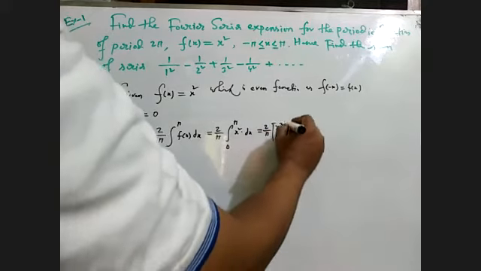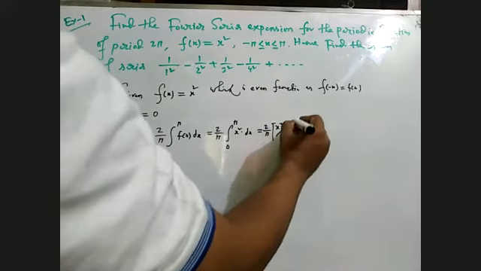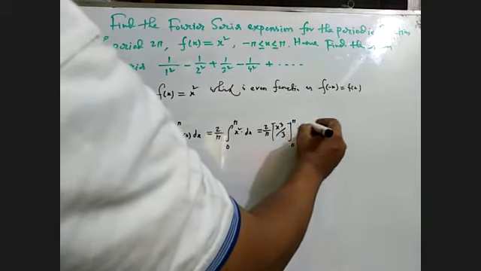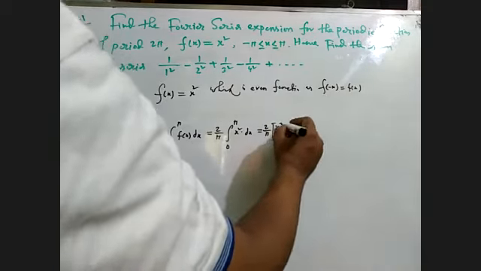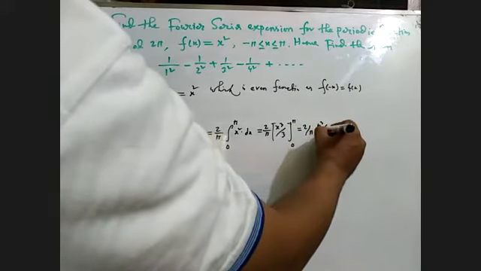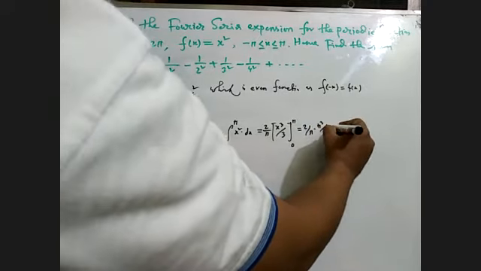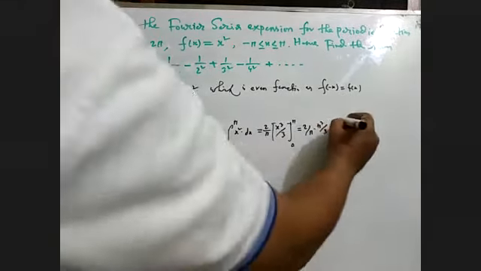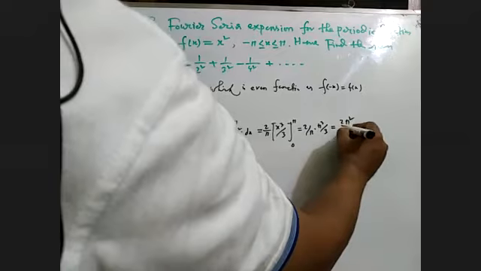Then putting the upper limit and lower limit, this equals 2 divided by pi into pi cube by 3. So one pi will be cancelled, and we get twice pi square by 3.